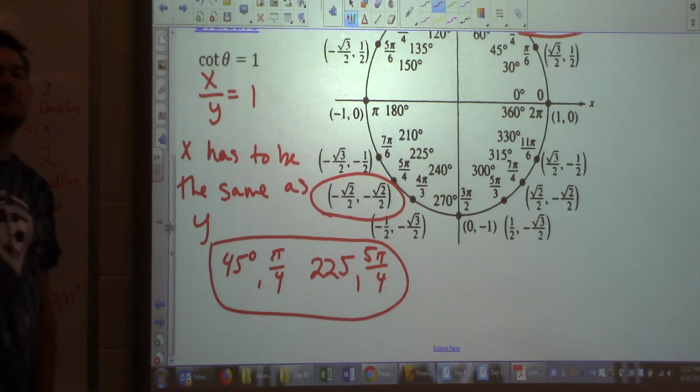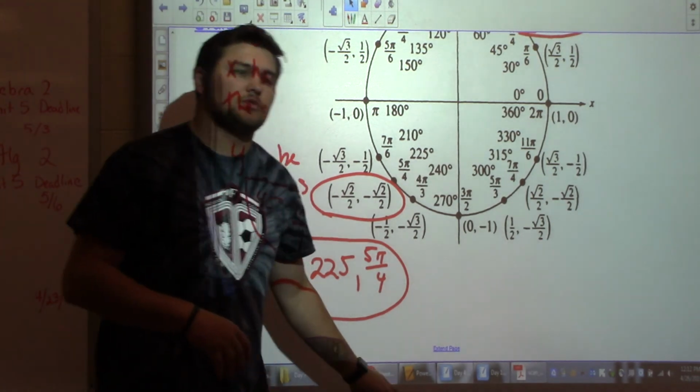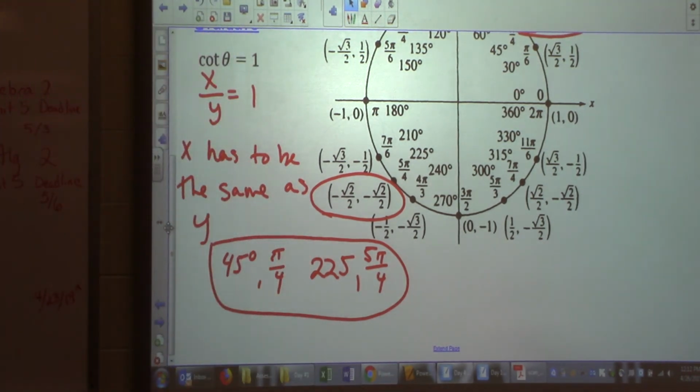So sometimes you got to think about those cotangent, tangent ones a little bit. What if instead of saying cotangent theta equals 1, I had said cotangent theta equals -1? Think about it. What divided by what equals -1? 1 and -1. What else?